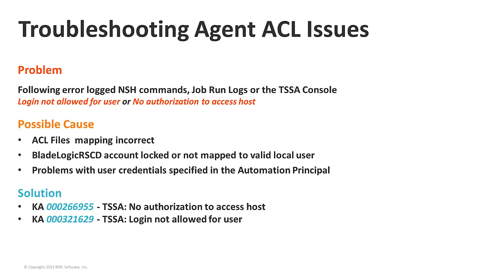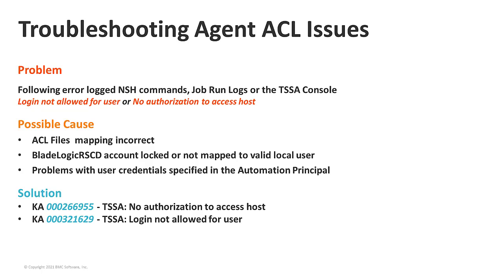These two errors are mainly caused by incorrect mapping done in the ACL, or could be a typo when updating the content in ACL files manually. This also occurs when mapping is done to a non-existing user or the user is in a disabled state.